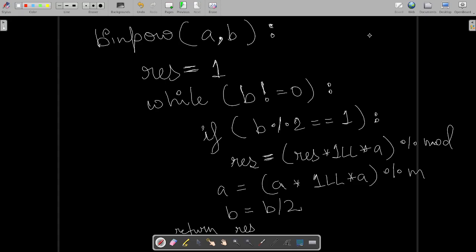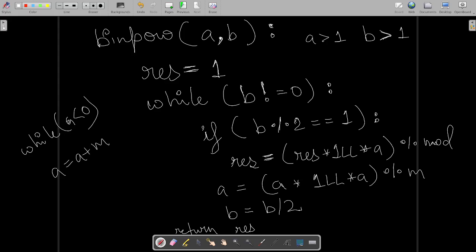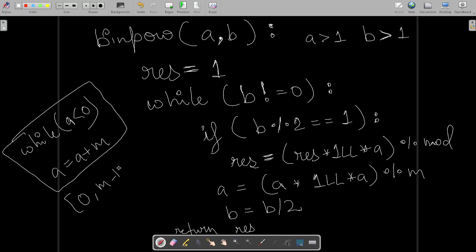Let's just say b is greater than one, and for the sake of simplicity, let's just say a is greater than one. Every time a is less than zero, you can just add mods. So you can do something like while a is less than zero, a is equals to a plus m, so this comes under the required range of 0 to n minus 1.